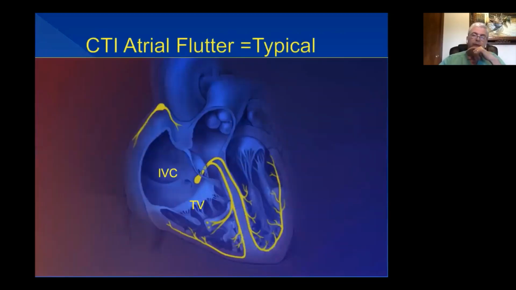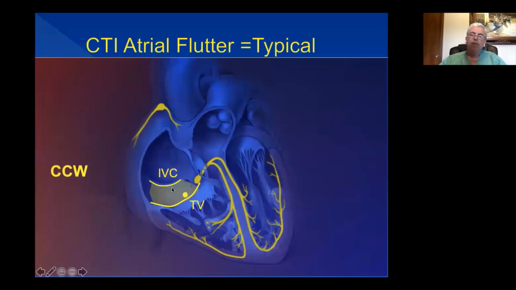So let's elaborate more about the typical flutter, because this is very common and we see it a lot, and it helps to understand its mechanism. So this is the heart with the electrical system, and this is the area we call the isthmus. The boundary is posteriorly the IVC opening, anteriorly the annulus of the tricuspid valve, and this area in between we call the isthmus.